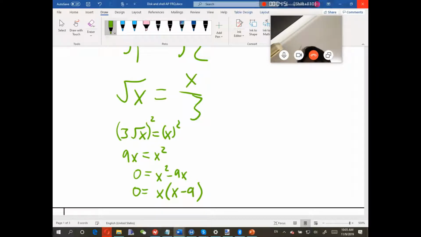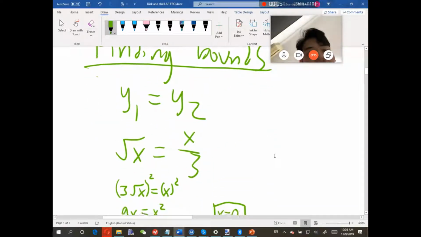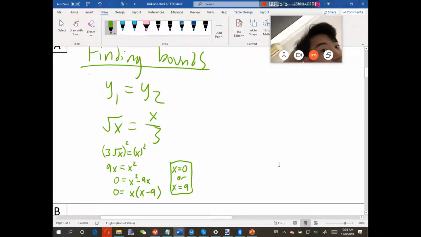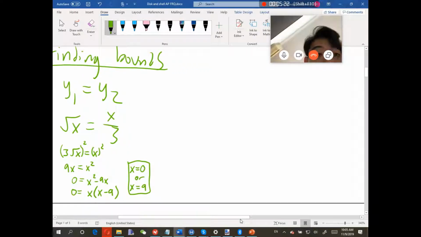Awesome. So our bounds are x equals what or what? 0 or x equals 9. Perfect. So I know that when we integrate, it's going to go from x equals 0 to x equals 9. Then I need to figure out which graph is on top.